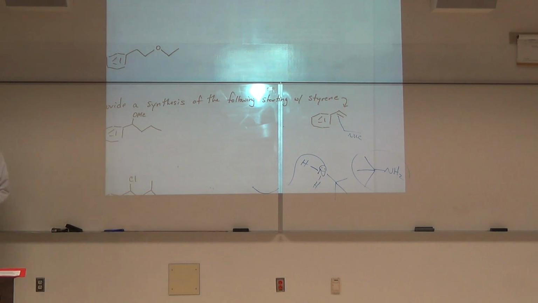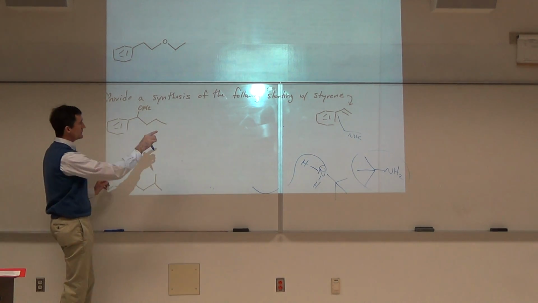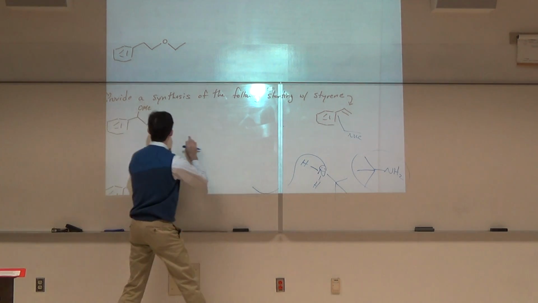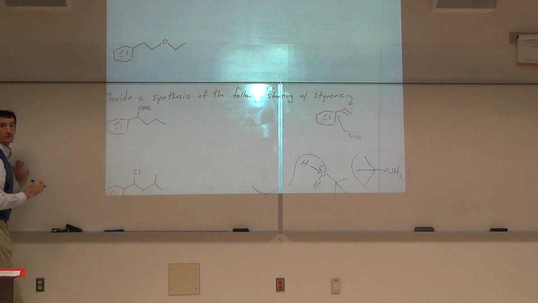What's the main functional group here? An ether. The first thing we want to do is, how would you make this ether? Eventually we've got to get 2 carbons added to this, because here we've got 2 extra carbons. But let's not worry about that yet. How do you make ethers? Williamson ether synthesis.